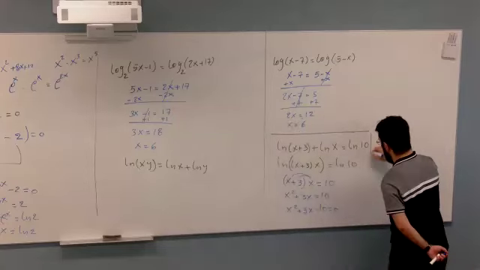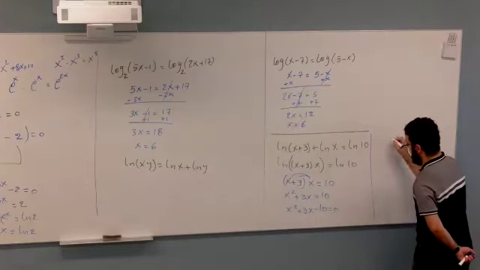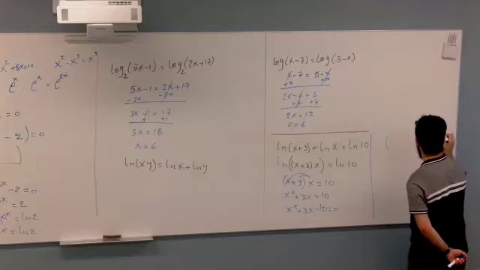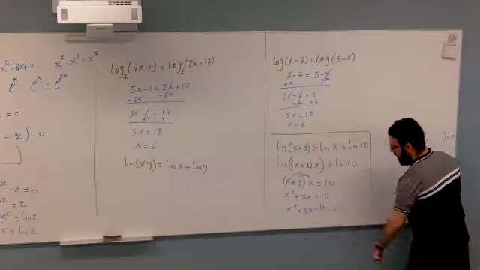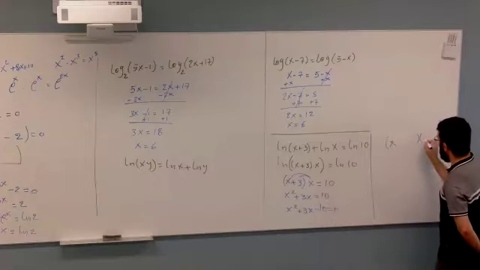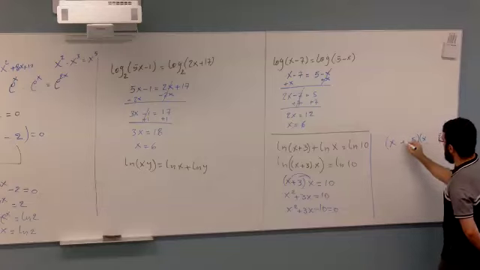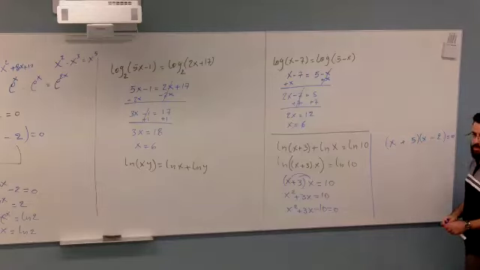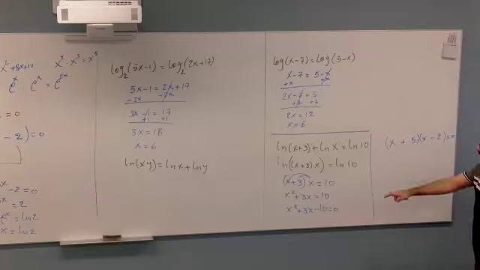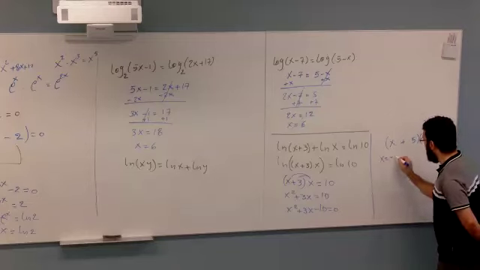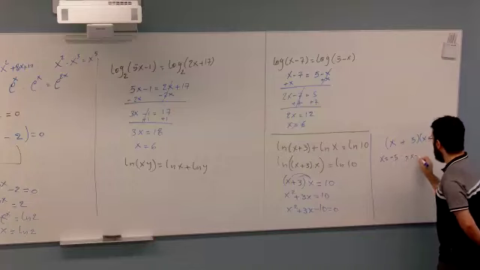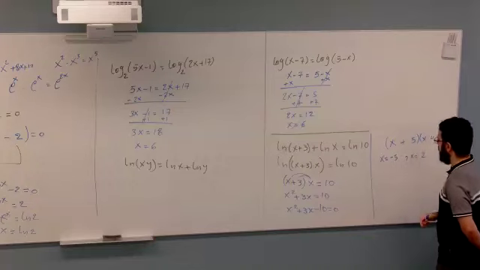What's the next step? Factor. Ten, 5 and 2, positive and negative, because we need to get positive 3. That means x equal -5 and x equal 2.